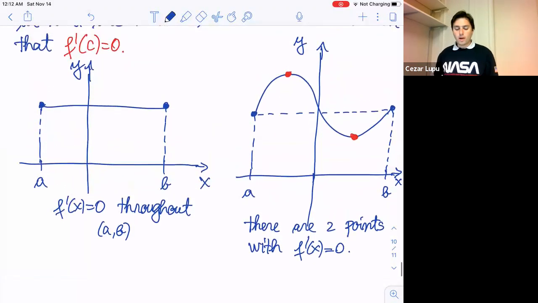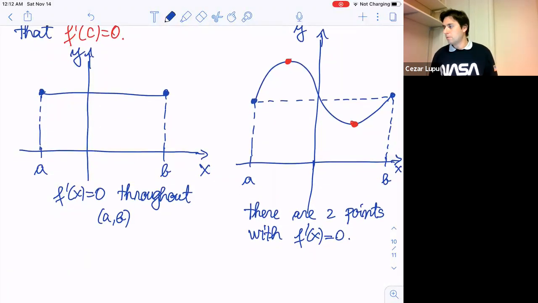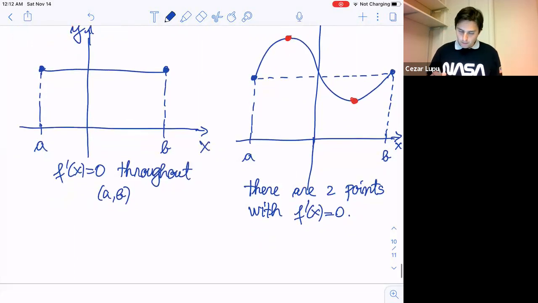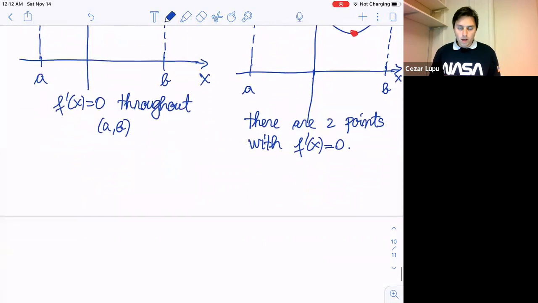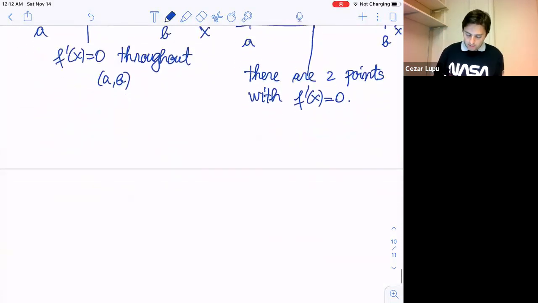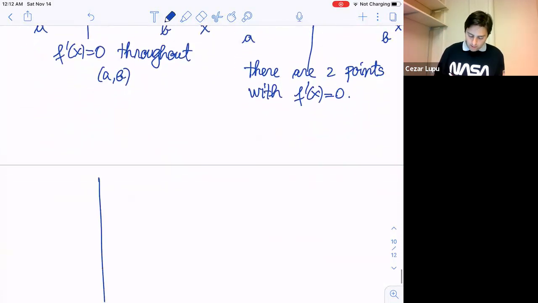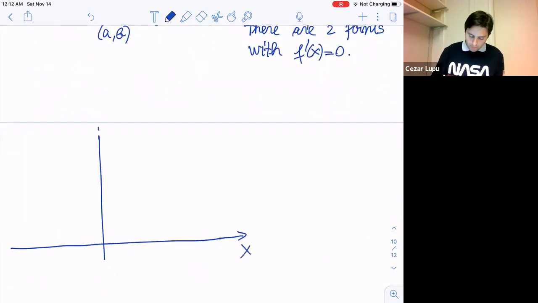And now let me draw another picture, when we have just one single point. Let me draw it here. In this case, let's say we have something like this.